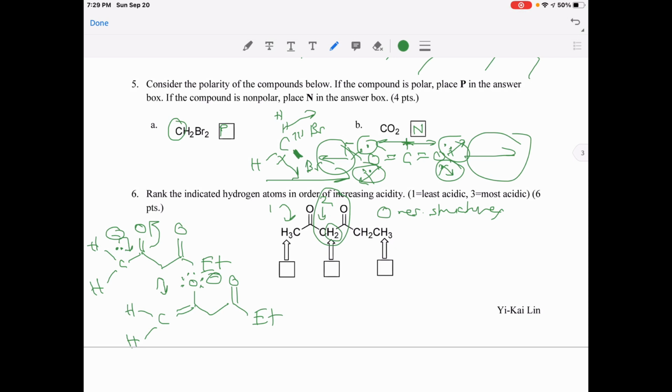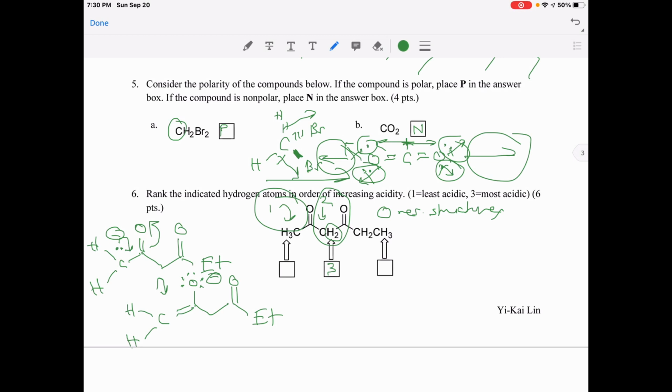So that means that we should note this as 3. And since there's one resonance structure here, the conjugate base would be less stable because only one resonance structure exists. So there would be less stability conferred to that conjugate base due to resonance.